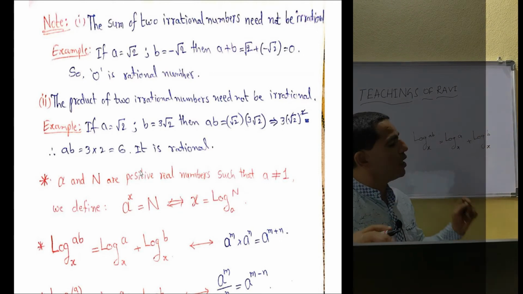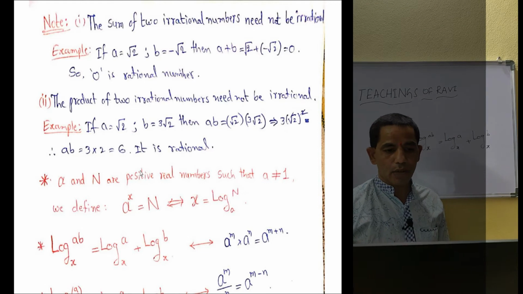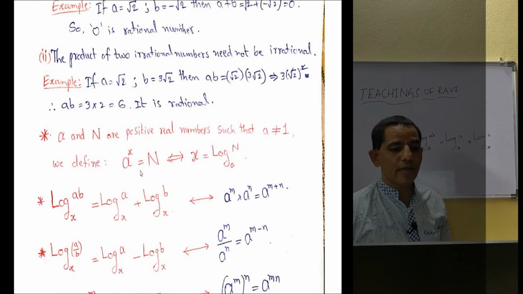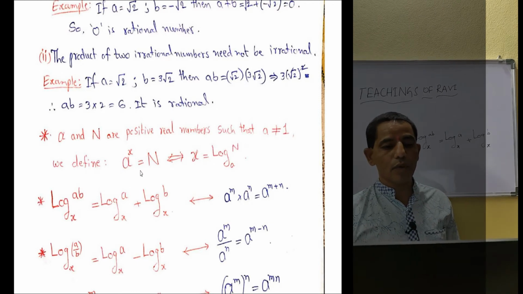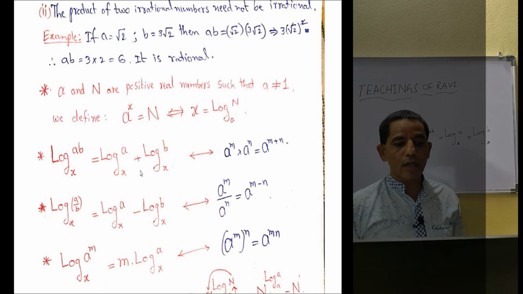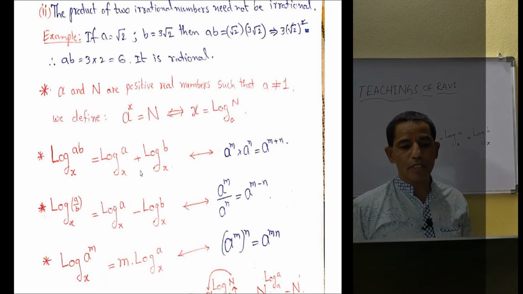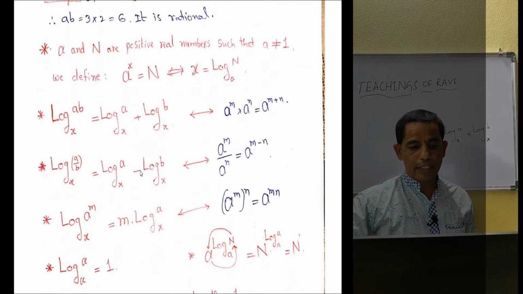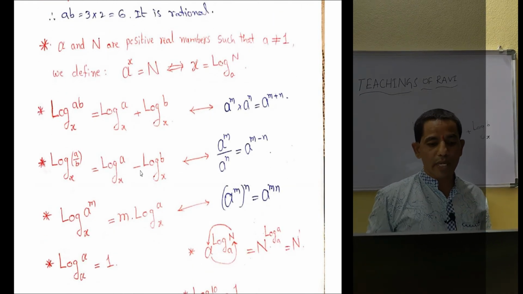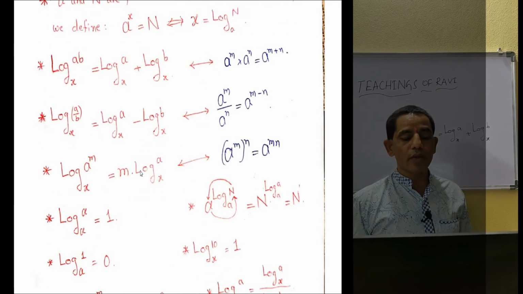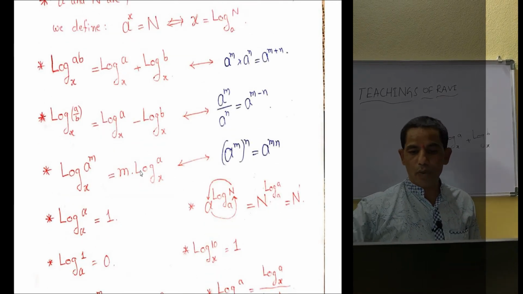This is the first formula: log AB is equal to log A plus log B. Another one: log A by B is equal to log A minus log B. Next one: log A to the power of m is equal to m into log A to the base x. Next one: log A to the base A is equal to 1. Next: log 1 to the base A is equal to 0.